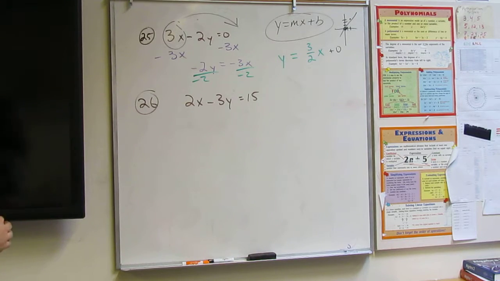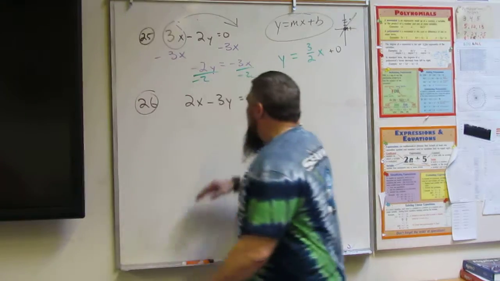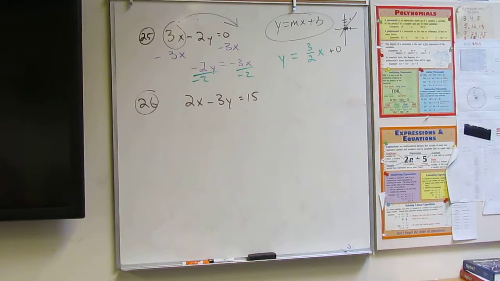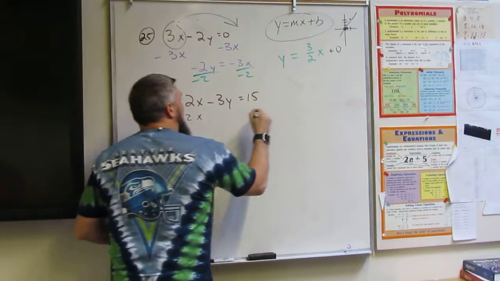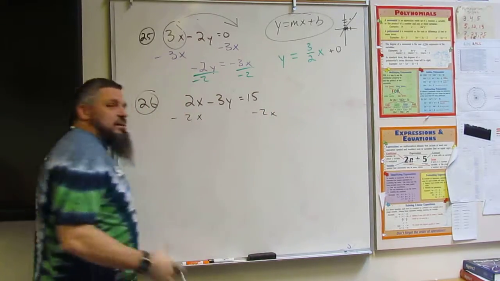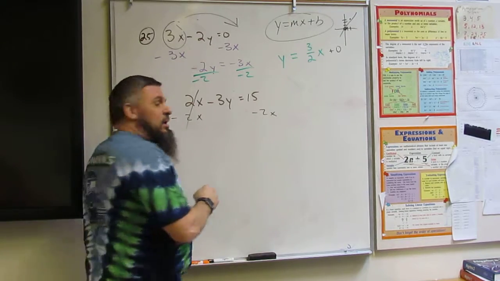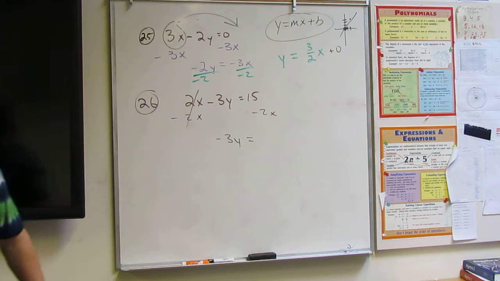All right, next is this one. Okay? What do I got to move? I got to move the x, right? So, what do I do? The opposite. What's the opposite of 2x? Negative 2x. Right? This cancels. So I get negative 3y is equal to, so what comes first?